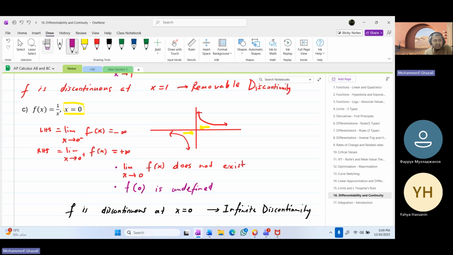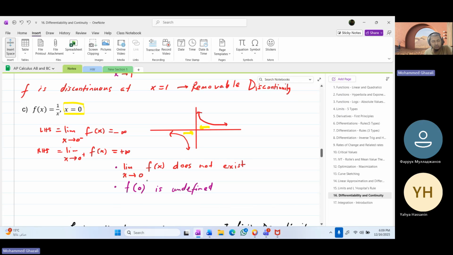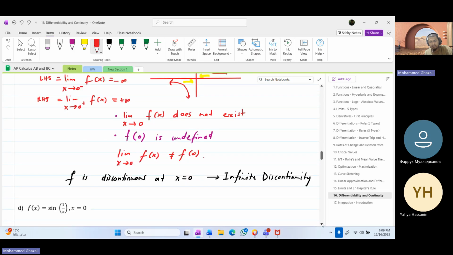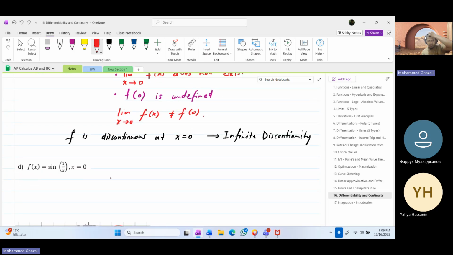So you can clearly see that the definition of continuity does not hold. The formula does not hold, like limit as x approaches 0 of f of x is clearly not equal to f of 0. So you have to say f is discontinuous, right? That's it. Let's look at the next one.